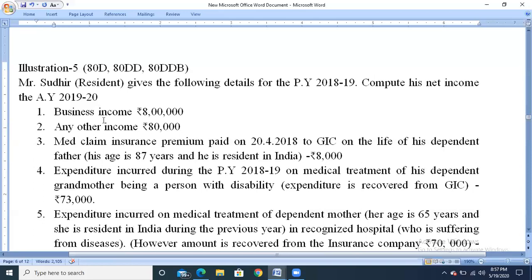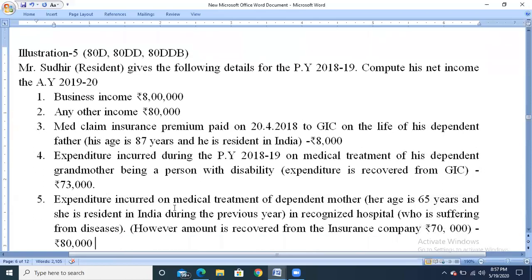But the dependent here is the grandmother, and the grandmother will not be considered a family member, so we are not going to claim the deduction amount. Only for the dependent family members they can claim the deduction.